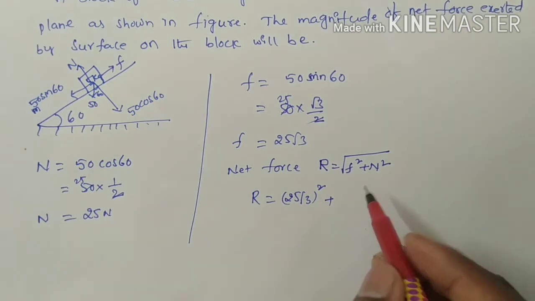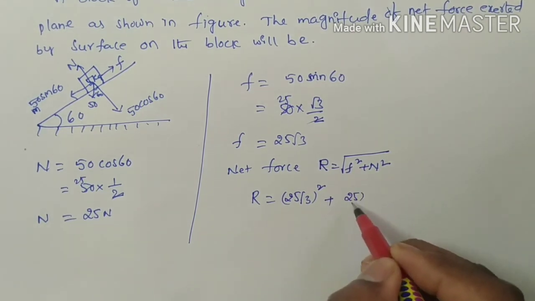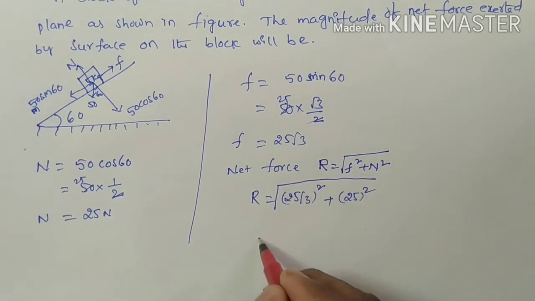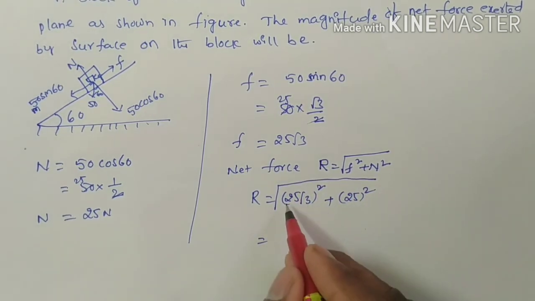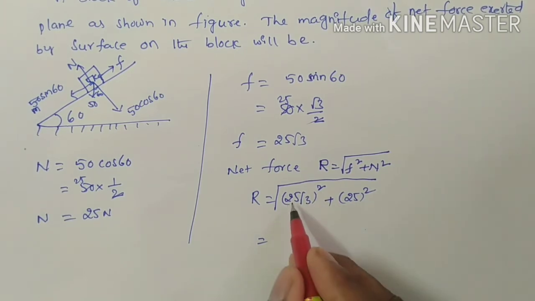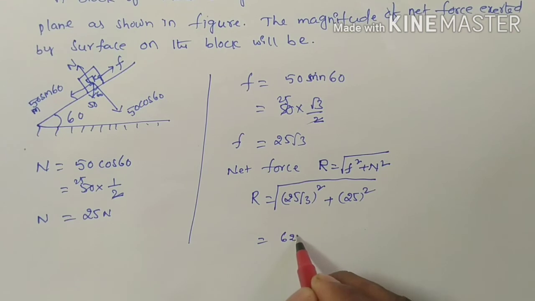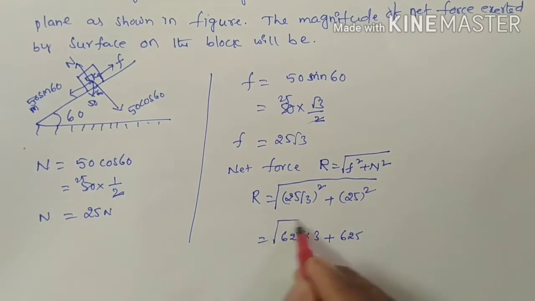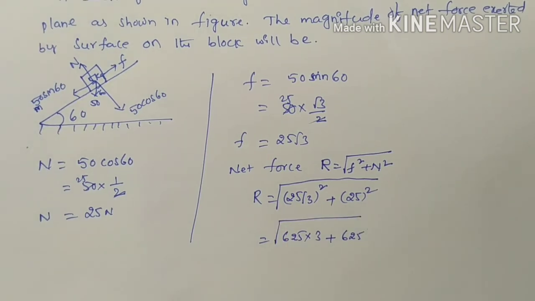N we got 25, so that is 25 whole square, all under the root. Next, 25 root 3 whole square means 625 into root 3 whole square, which is 3, plus 25 whole square, which is 625.